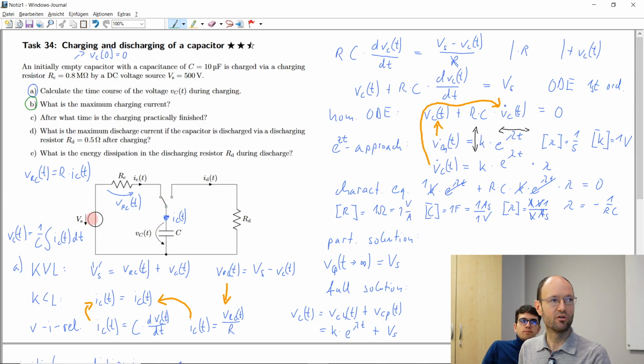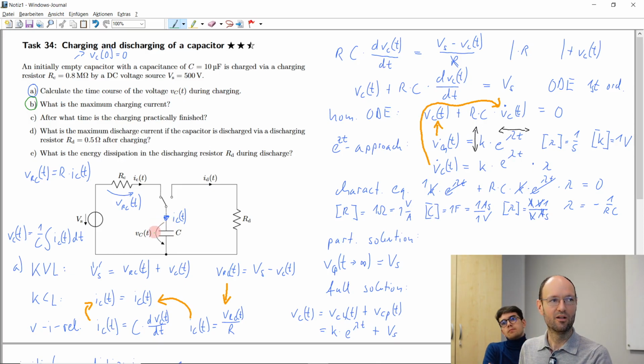And so then we always have the voltage here of the source. The voltage at the capacitor cannot jump, because if the voltage at the capacitor would jump, we would have the time derivative of some jump is infinitely high. So we would have an infinite current, which does not make sense.